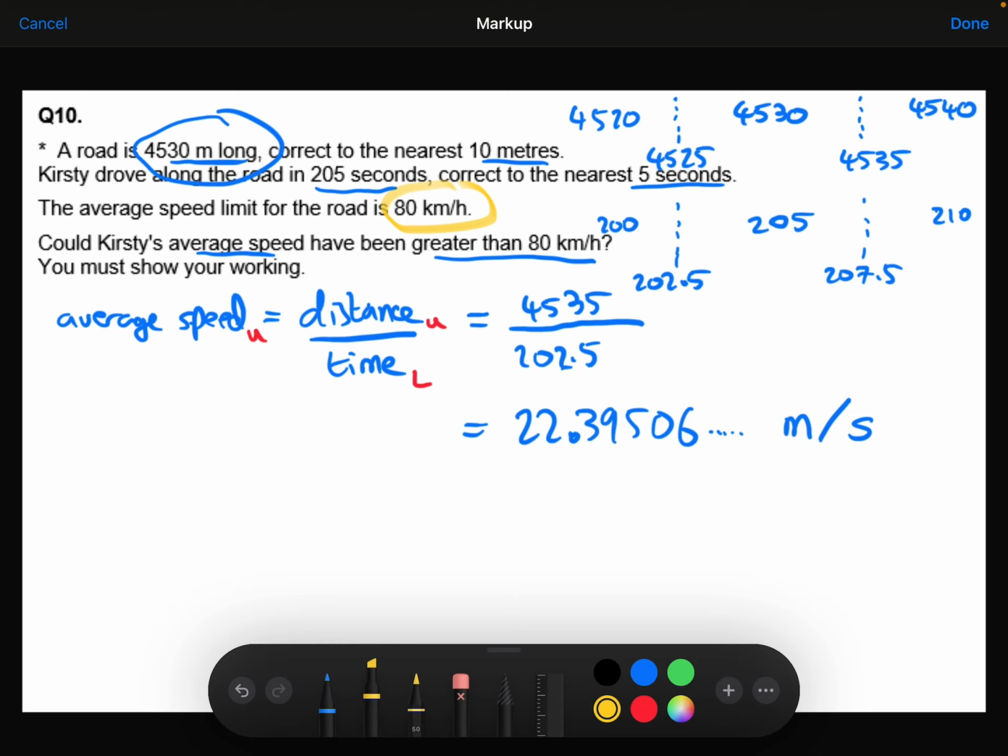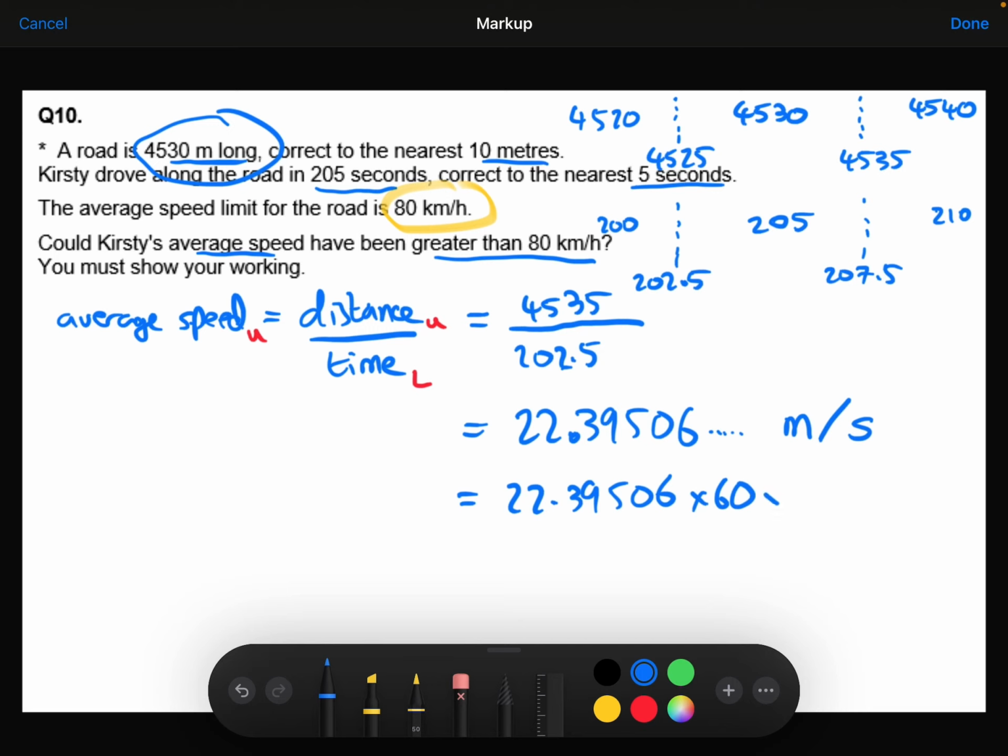So, first of all, let's focus on the seconds part of this. If Kirsty's travelling at 22.39506 metres every second, then every minute she will travel 60 times as far as that.